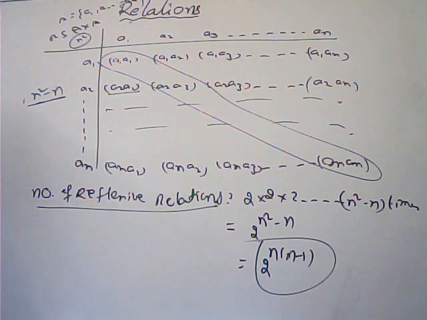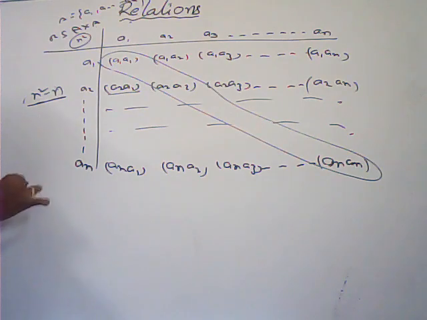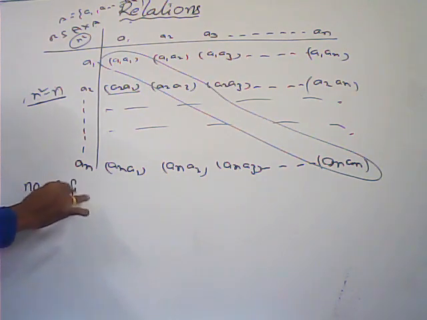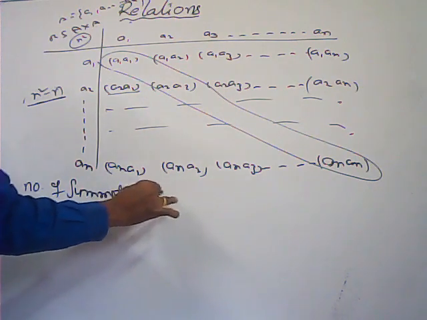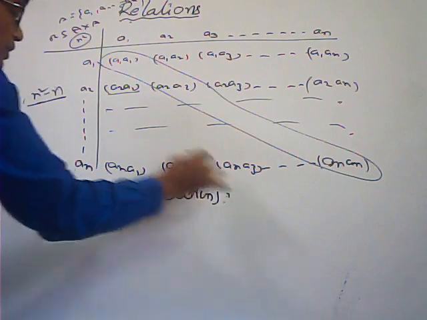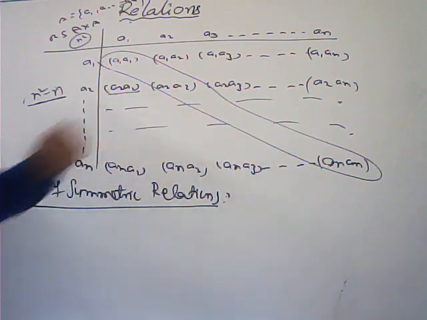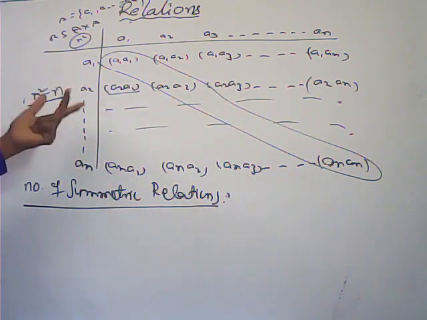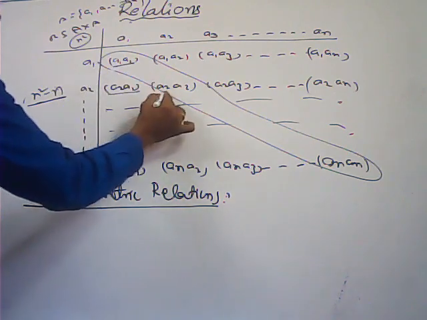Next, number of symmetric relations also we can discuss. Here there is no restriction. It may or may not contain these elements also. See here, for everything may or may not contain.